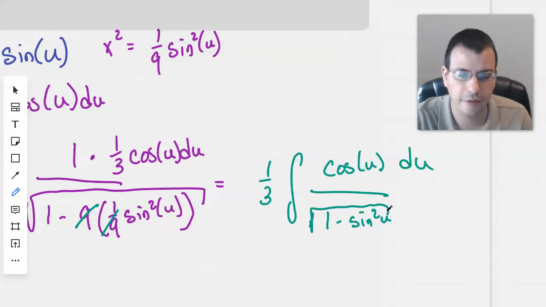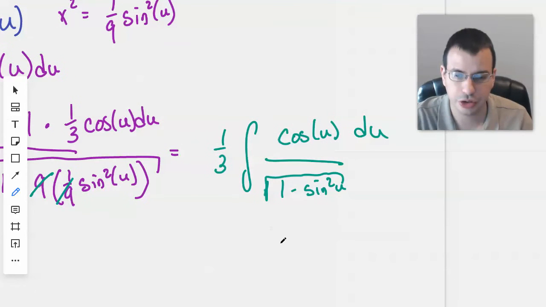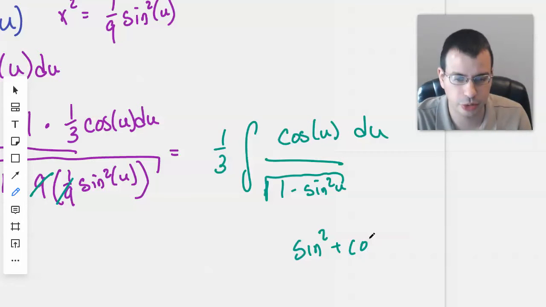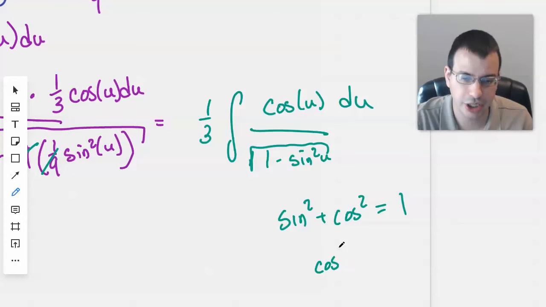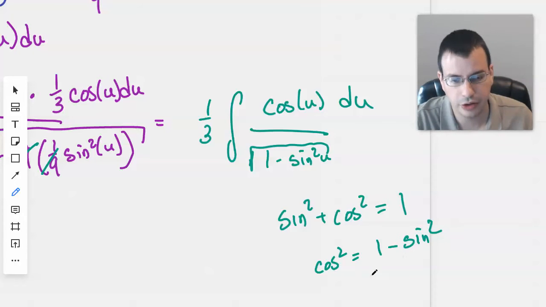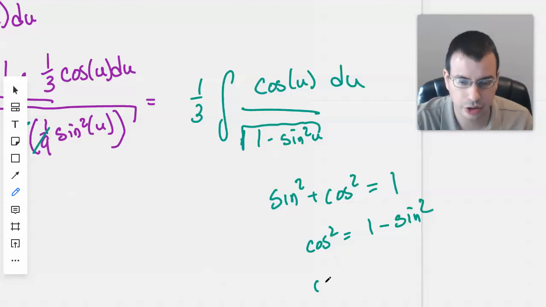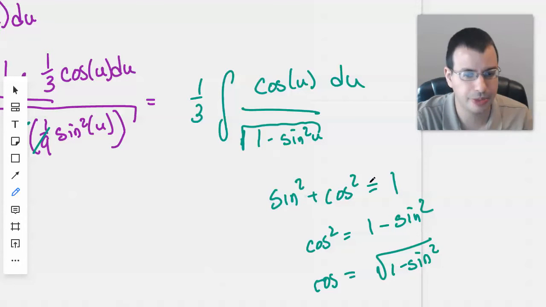And so we know that sine squared plus cosine squared equals 1. Cosine squared equals 1 minus sine squared. Therefore, cosine equals the square root of 1 minus sine squared.